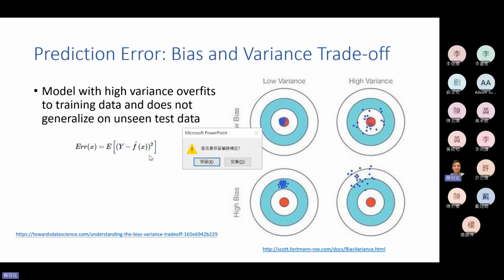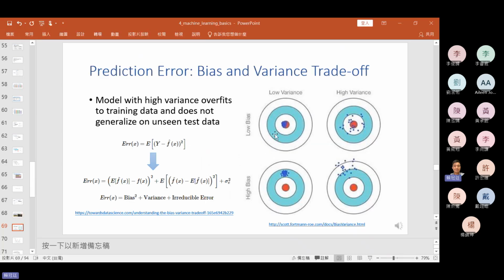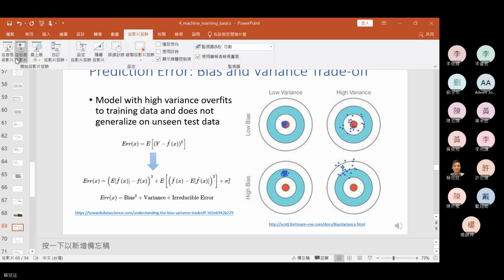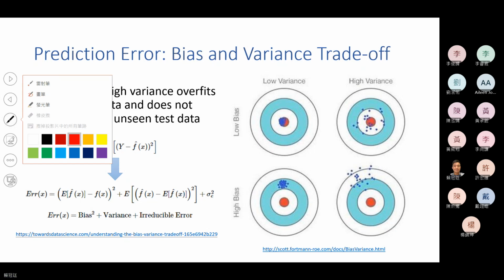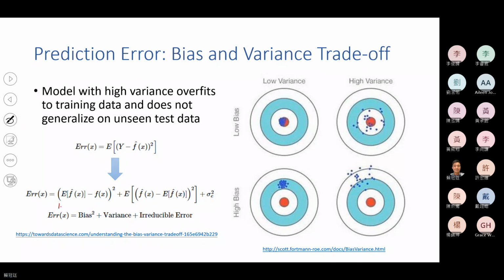Then you can decompose it into bias, which is the mean of the prediction, the mean of our y prime minus the y, and the variance.